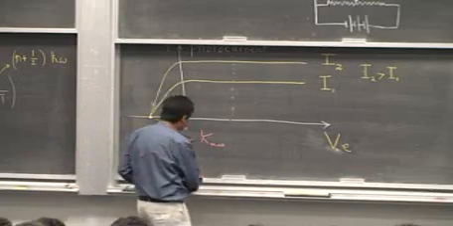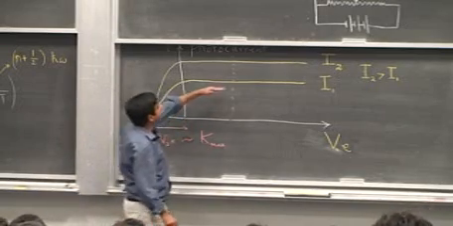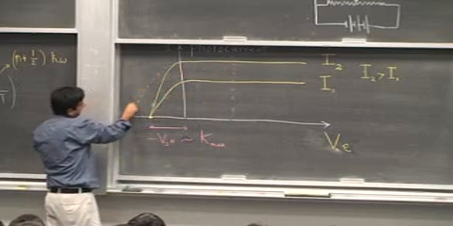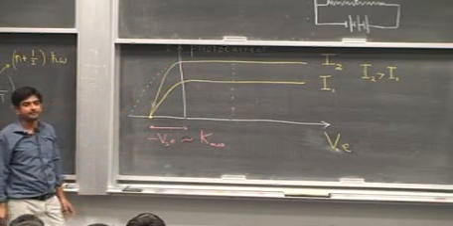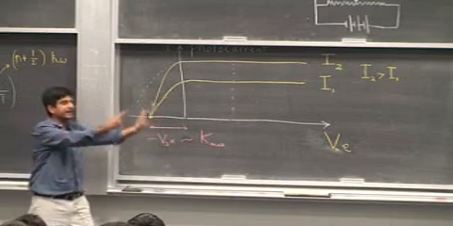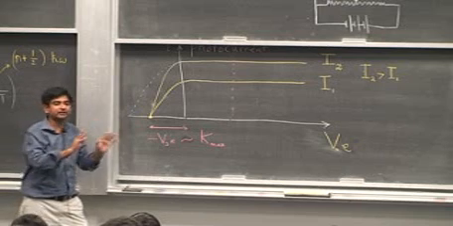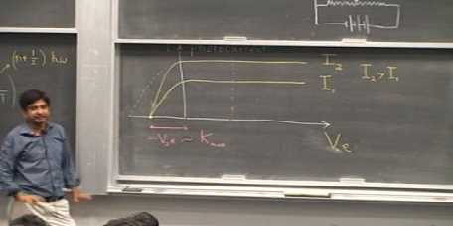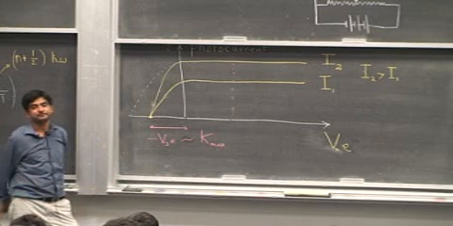So what you classically expect is that if I2 is higher, this curve should actually go like this. Which means the maximum kinetic energy should be higher. A more negative voltage should be required to halt the electrons. But this is not something that is actually observed.